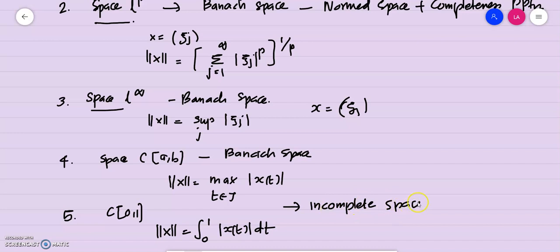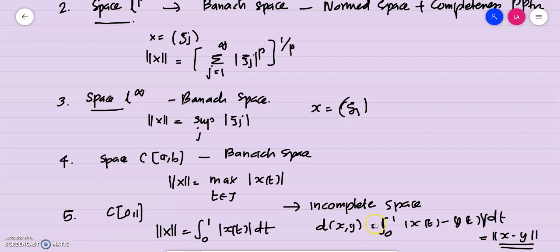We have proved that in the case of metric spaces. So d of x,y should be equal to the integral from 0 to 1 of modulus of x of t minus y of t dt, which is actually norm of x minus y.